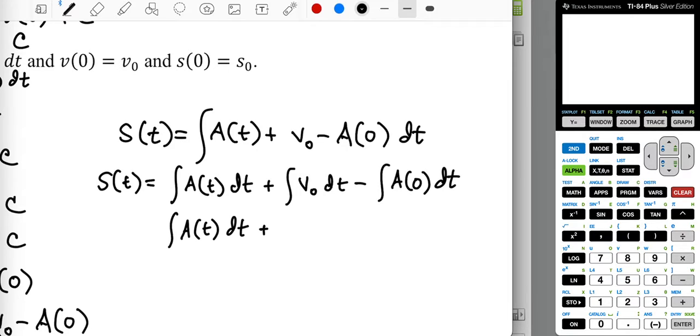But we could actually integrate the V sub 0. That's going to become V sub 0 t. And we can anti-differentiate or integrate the a of 0, because that's a constant value. You plug a 0 into your acceleration function for all your t's, you're going to get some numerical value as a result. So minus a of 0 times t, all plus some value c.